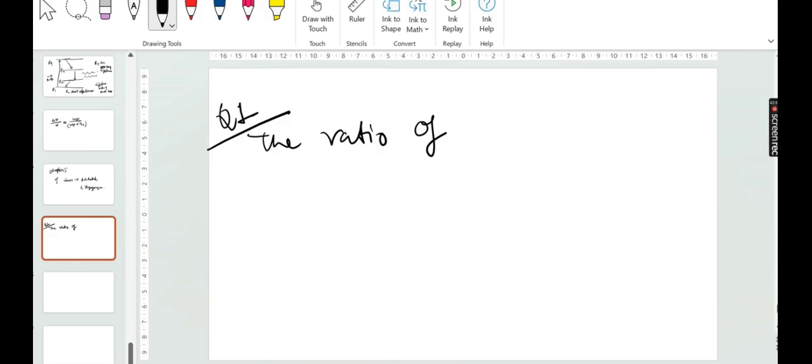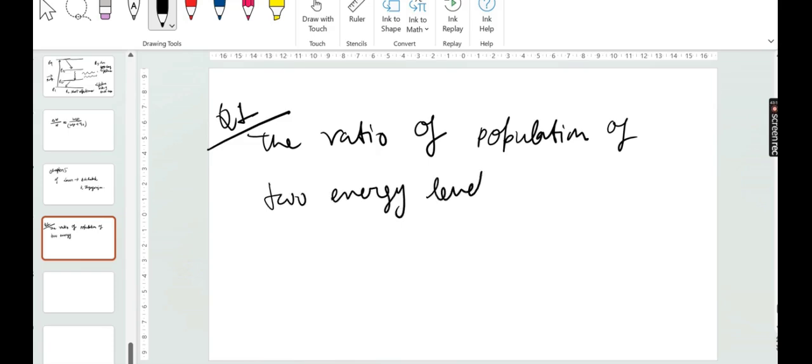Before going into that, there are different kinds of laser, whether it is a 3-level laser or 4-level laser, which have been discussed in the class. You need to remember those things. The ratio of population of two energy levels is 1.059 times 10 to the power minus 30.